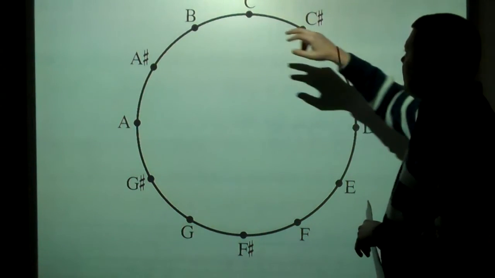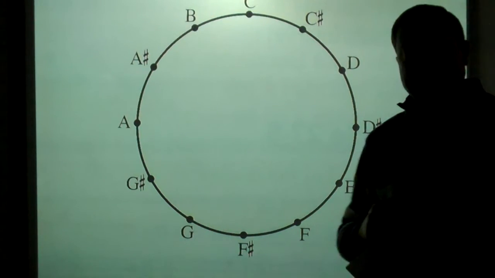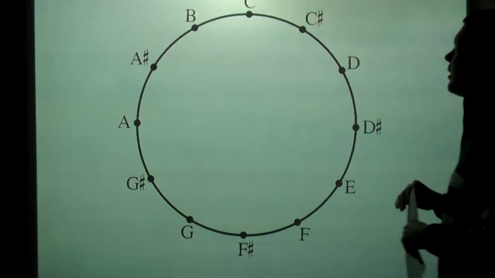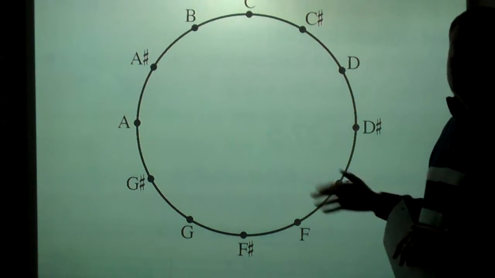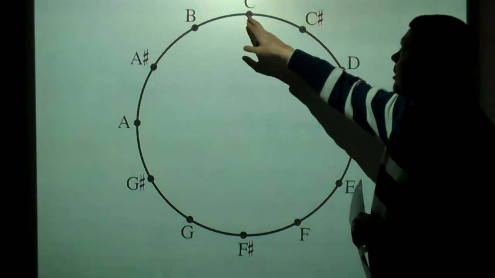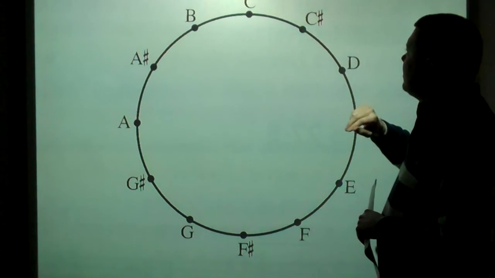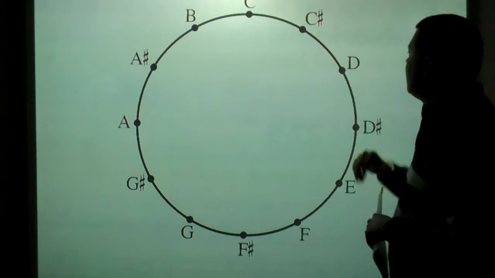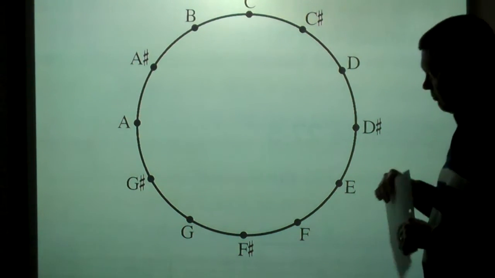We know 12 o'clock is here, 1, 2, 3, 4, 5, 6, 7, 8, 9, 10, 11, etc., etc. But instead of the numbers of a clock, we have on this circle the pitch classes that are arranged in 12 increments. So we're starting with C equals 0 at the top, and then C sharp is the same thing as 1 o'clock, D is like 2 o'clock, D sharp is 3 o'clock, etc., etc.